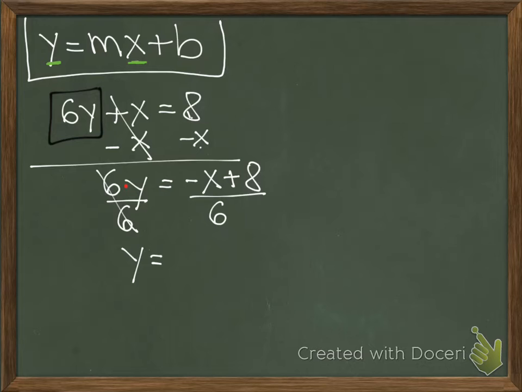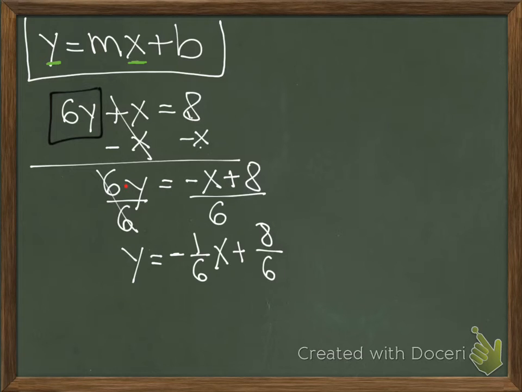Now over here, it's going to be a little bit tricky. I have a negative. This I'm going to turn into a fraction, 1 over 6 x, and then plus 8 over 6. All right, let's continue. Can I simplify that?